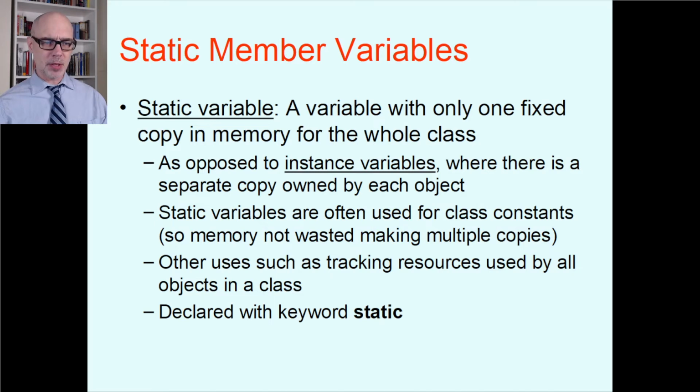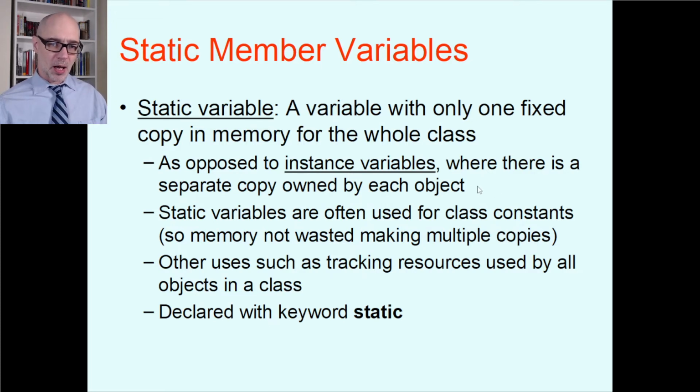Okay, so this is a little bit different, but hopefully the word static brings to mind what's going to be happening here. A static member variable in a class is a variable with only one fixed copy in memory for the whole class. Now, this is different from all the other member variables that we've seen so far in chapter 13 or 14, and technically all those other variables we would call instance variables.